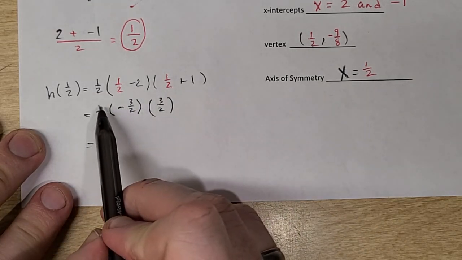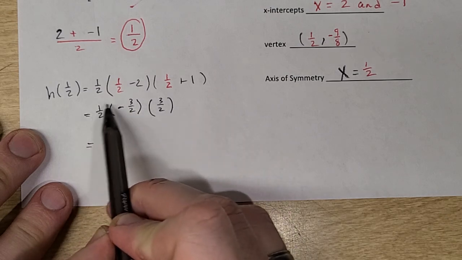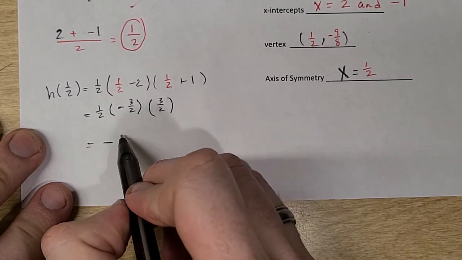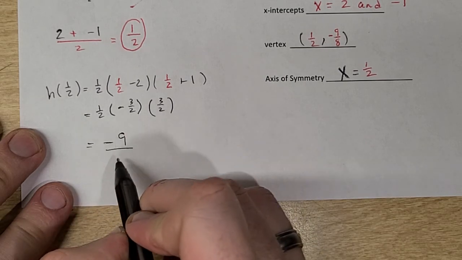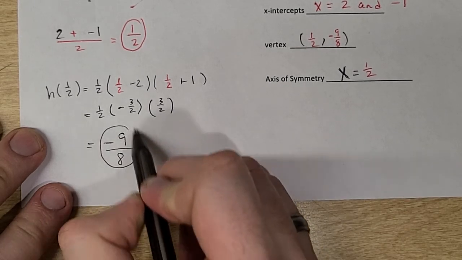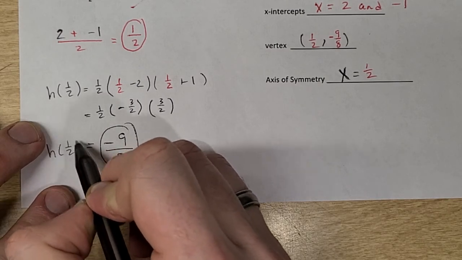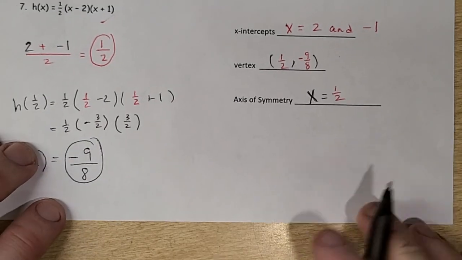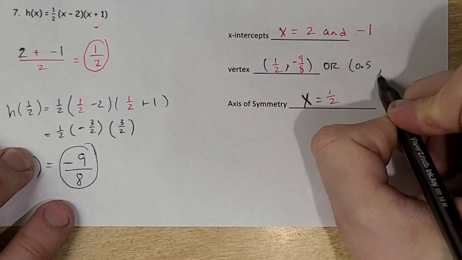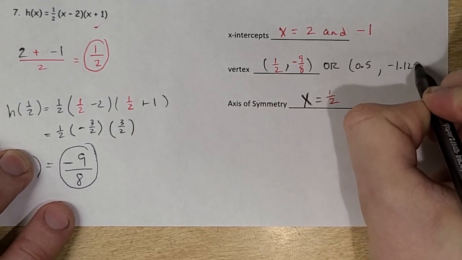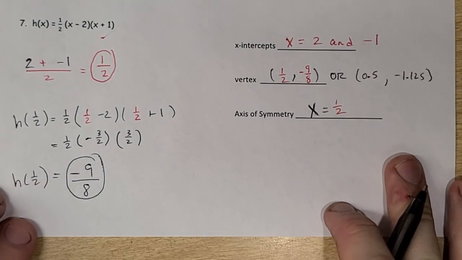Multiply straight across the top: 1 times 3 times 3 is 9. 2 times 2 times 2, straight across the bottom, is 8. Negative 9/8. So h of 1/2 is negative 9/8. If you want to write this as a decimal, you want to write 0.5 comma negative 1.125. I am totally okay with that.